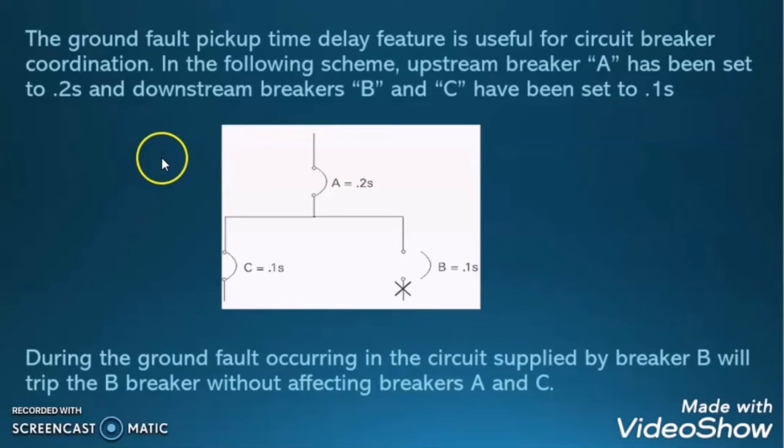The ground fault setting is very important and useful for coordinating between the circuit breakers. Suppose there are 3 circuit breakers A, B and C. A is feeding B and C circuit breakers.